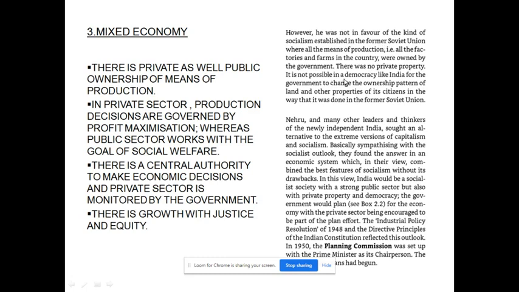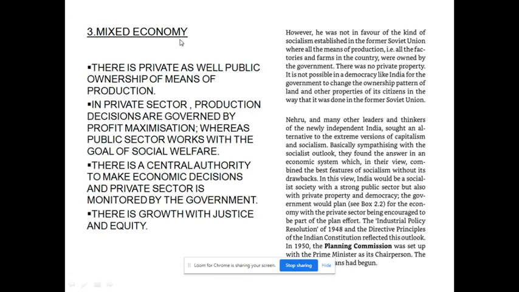Because it was not possible in a democracy like India for the government to change the ownership pattern of the land and the properties of its citizens as it was done in the former Soviet Union. So therefore, Nehru and many other leaders and thinkers of that time sought an alternative to the extreme versions of capitalism and socialism, which is the mixed economy.